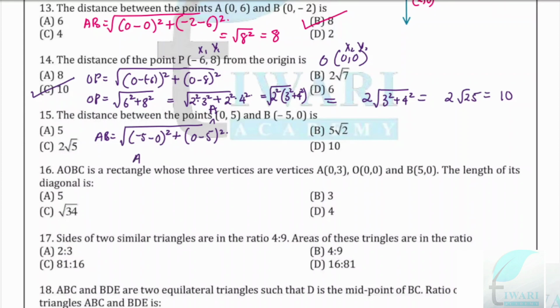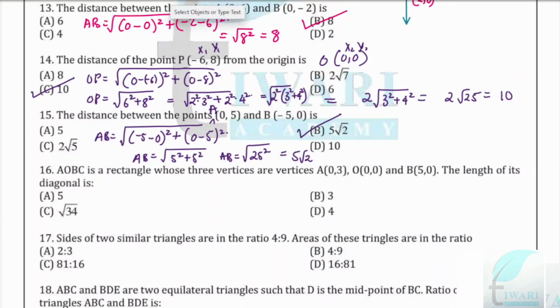So AB will be equal to under root 5 square plus 5 square, which is equal to under root 2 into 5 square. AB is equal to 5 root 2. Option B is the right answer.